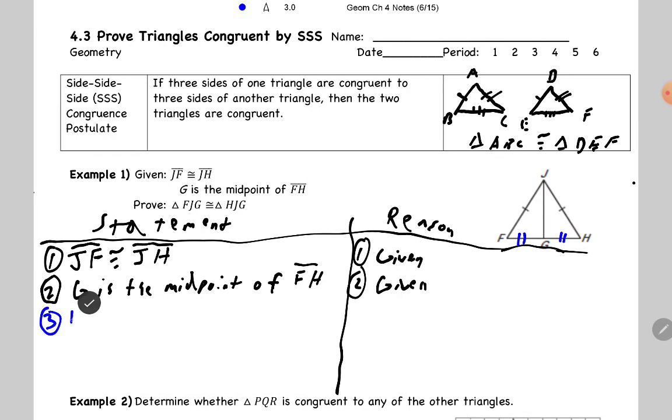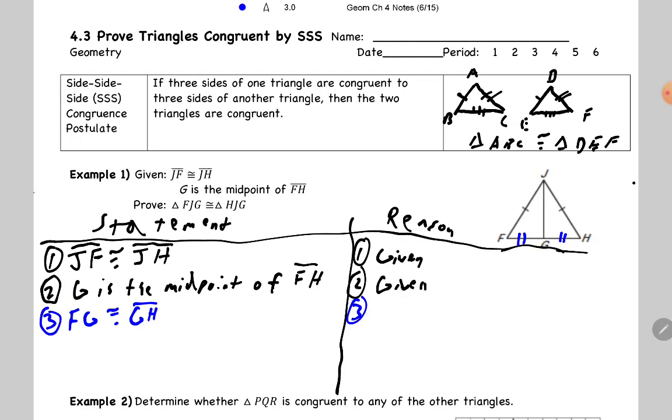And right now we can actually show that. So FG is congruent to GH. Why? Because G is the midpoint.